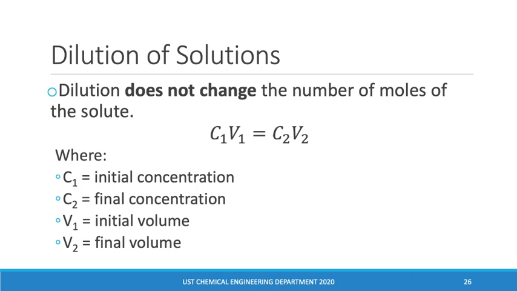This gives rise to the general equation for dilution, that is C1V1 is equal to C2V2, where the subscript 1 represents the initial solution, while subscript 2 denotes the diluted solution. It is important to remember that the units used for concentration and volume must be the same for both sides of the equation.